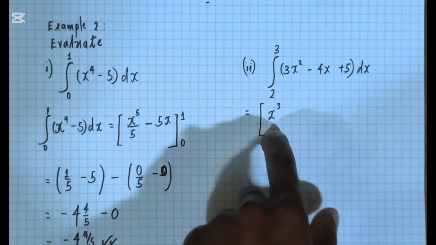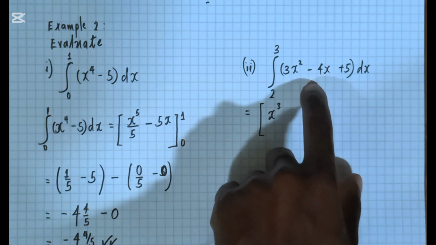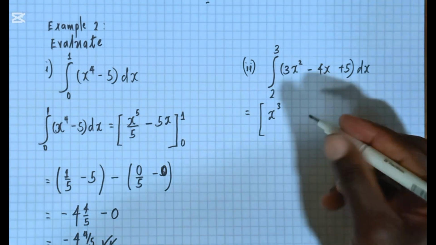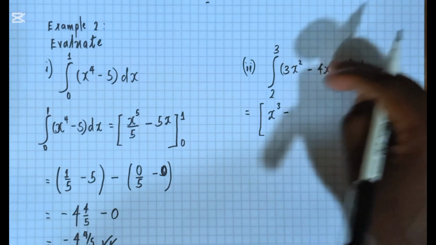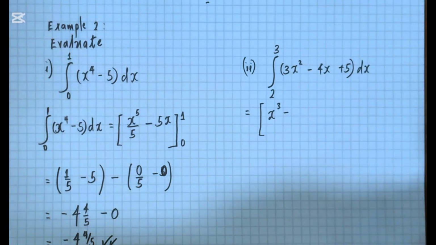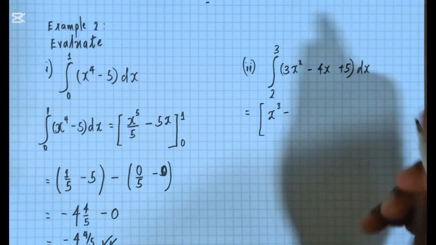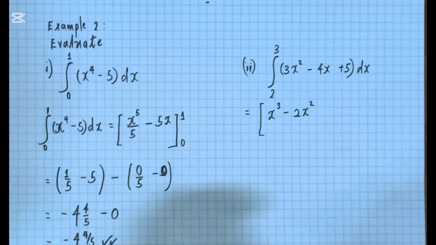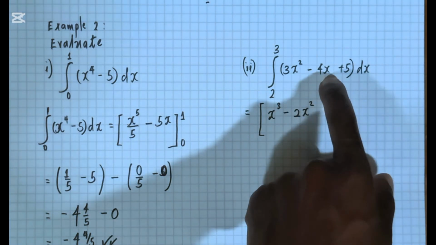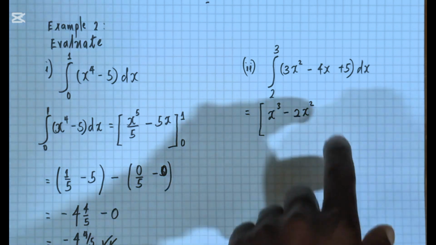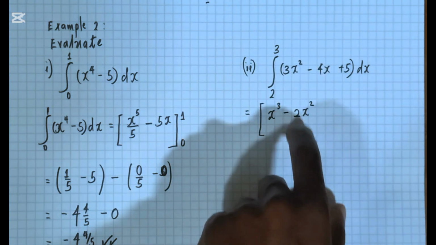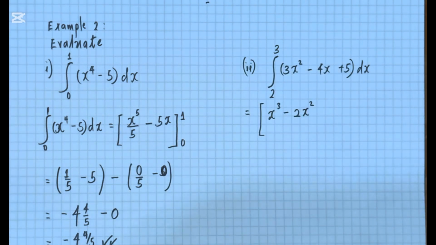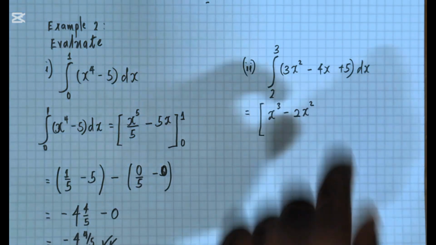So it's going to be x cubed, and now this here is going to be negative 4x raised to 1. When you integrate that, it is going to be negative 2x squared. Basically we've added 1 to the power of x here, and that was 2. Then 2 divided by -4 gives you 2. Of course, that is going to be -2x squared.